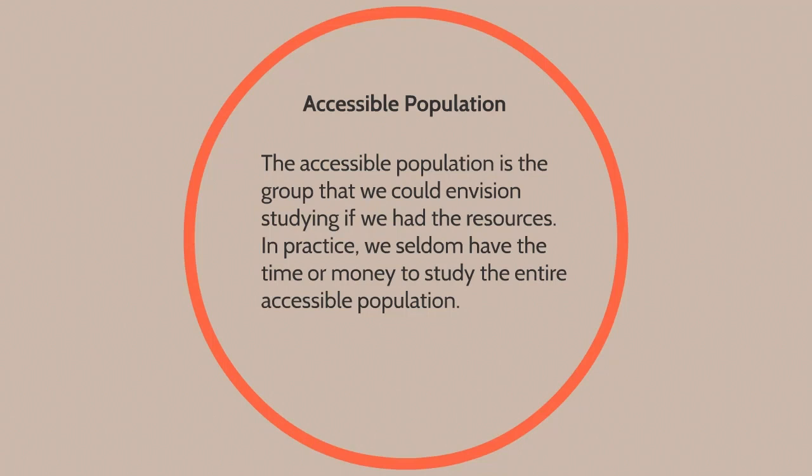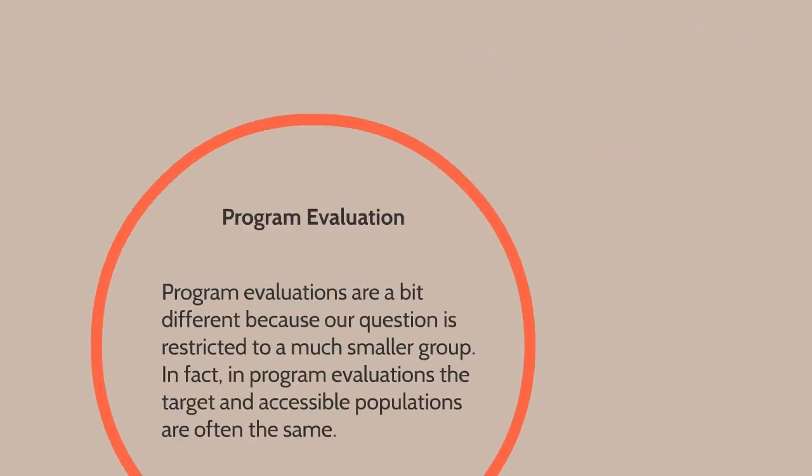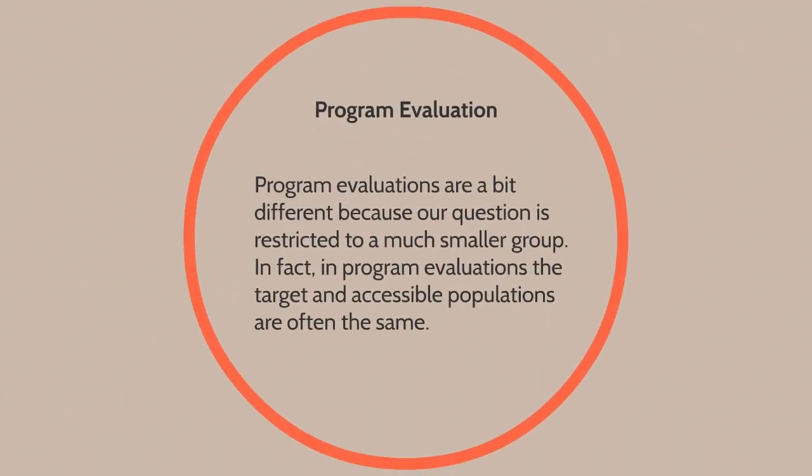That's the accessible population. Before we leave the concept of population, I want to tell you about one special case, one certain type of study, and that's called program evaluation. The difference between evaluation and research is that with program evaluation, the researchers are trying to answer a question about a specific program that is in operation for a specific population.